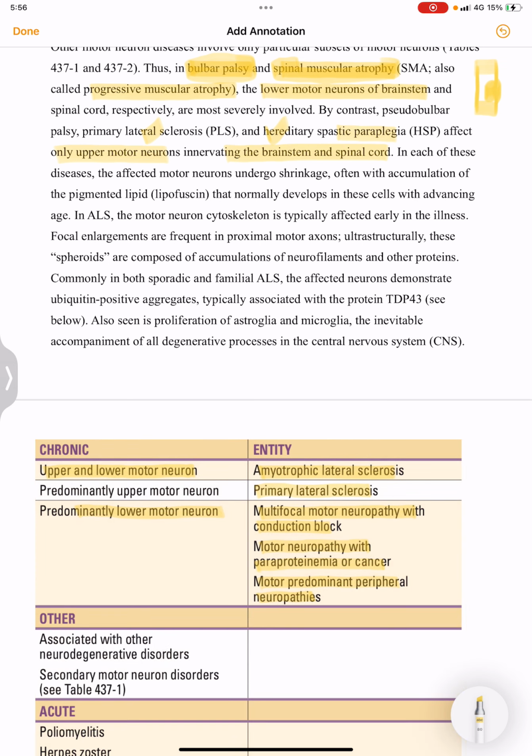In all of these cases there is predominant lower motor neuron involvement.